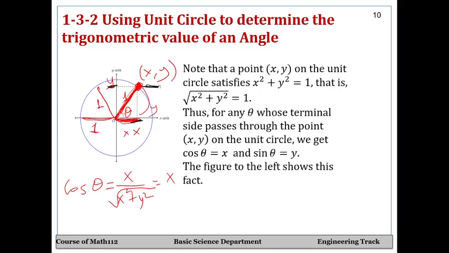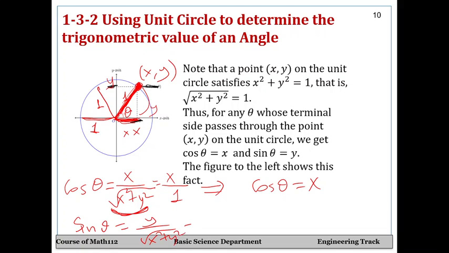What is this denominator? This is just the radius, which is 1. So I end up with cosine theta being indeed the x value. I can write the same thing for sine theta, which gives us y over 1, so sine theta is equal to y.